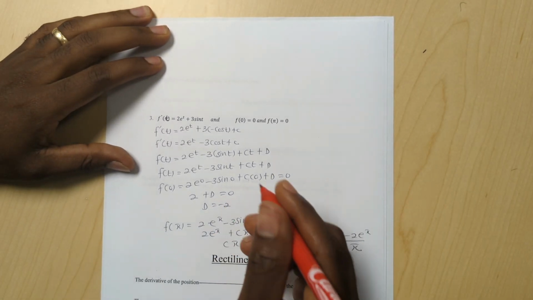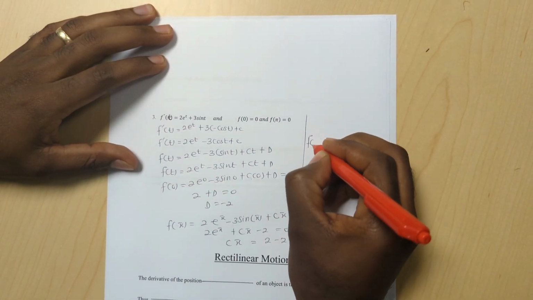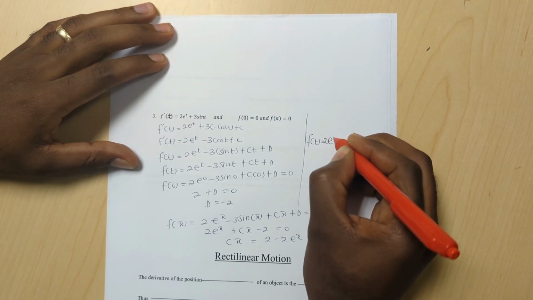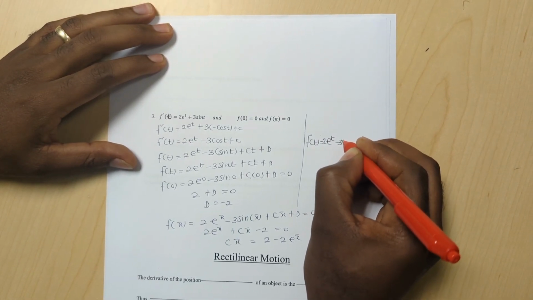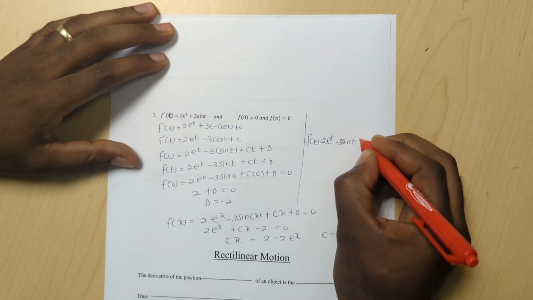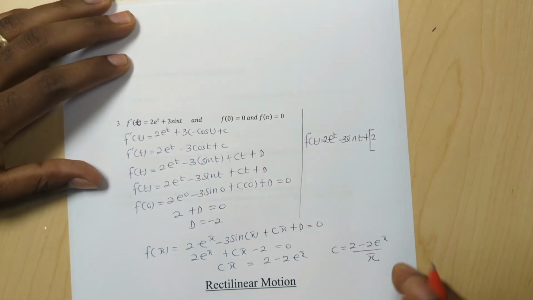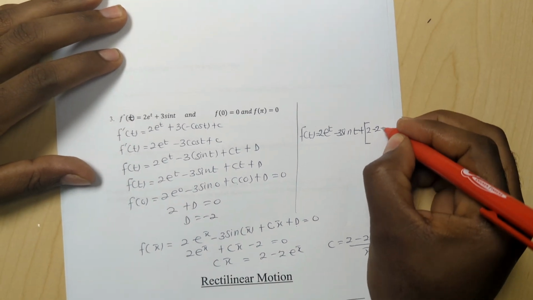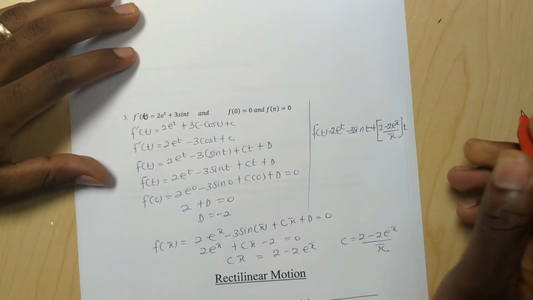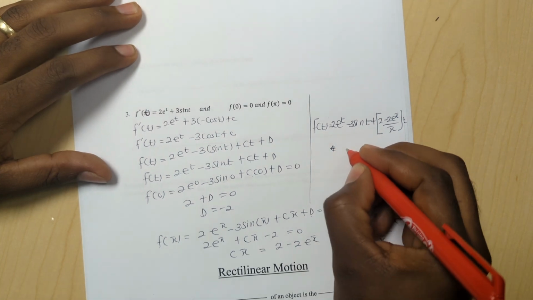Then when we substitute that into our function here, that particular function f of t will be equal to 2e exponent t minus 3 sine t. Then our c is what? Is this. So we say plus c, which is 2 minus 2e exponent pi over pi, then times t, that's the t attached to it, then plus d, and that d is negative 2, so minus 2.